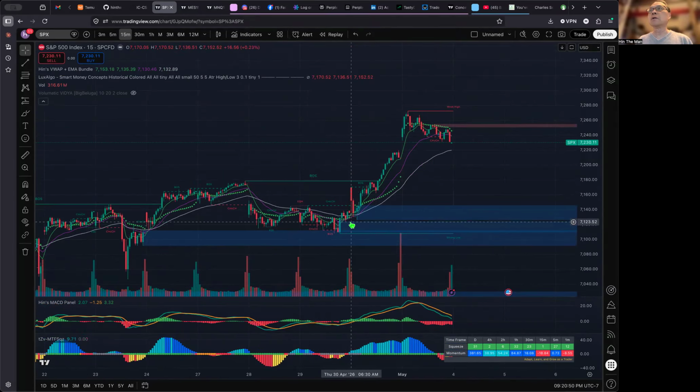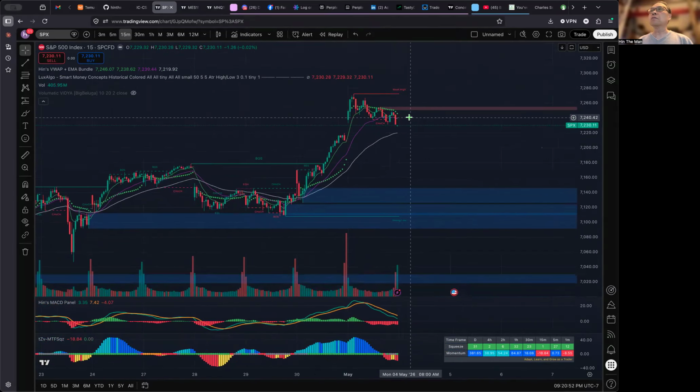See this? All right, so now the most important thing is to understand what is the blue color and the burgundy, kind of like pinkish red color. So all these are zones of support and resistance. It's not necessarily support and resistance.